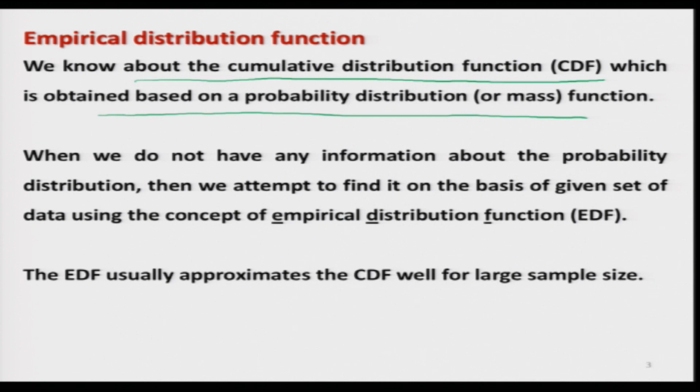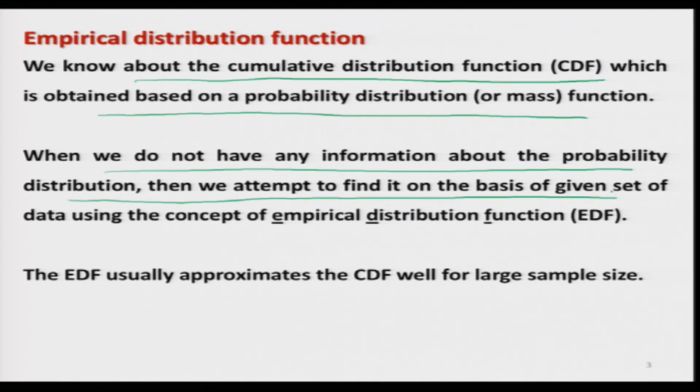This is called a CDF. Now, when we do not have any such information about the probability distribution, then we cannot obtain the CDF, and then we attempt to find it on the basis of a given set of data, and we use the concept of empirical distribution function, which is denoted as EDF. E is coming from empirical, D is coming from distribution, and F is coming from function.